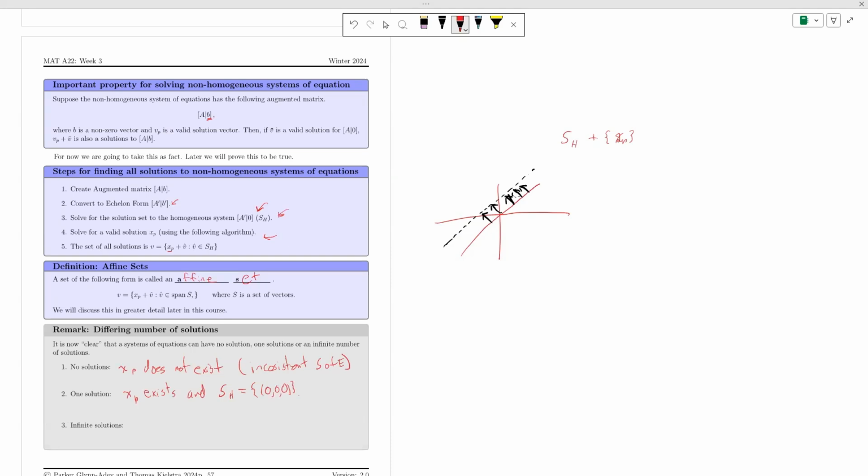And for an infinite number of solutions, XP exists and SH contains at least one non-zero solution. Now that we've reviewed the process, we're going to apply this process to a few problems.